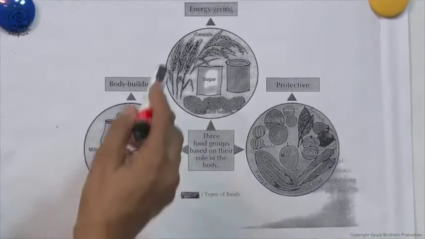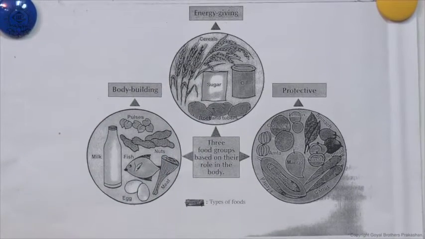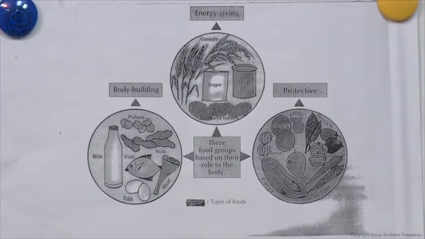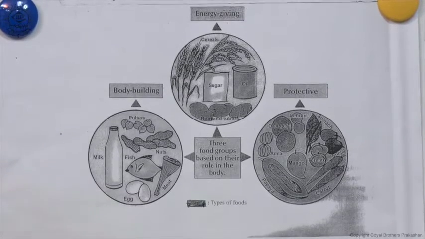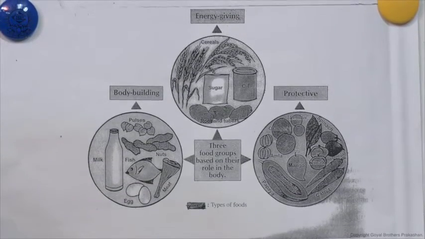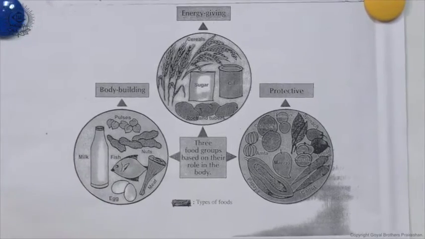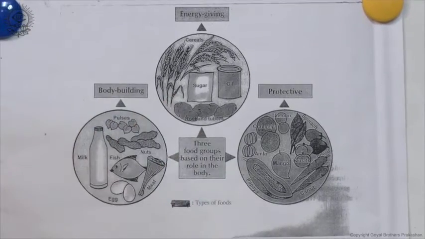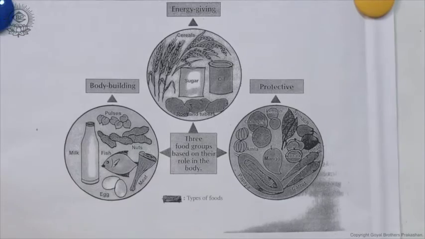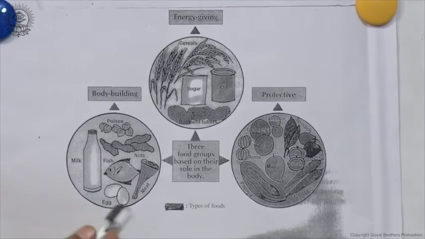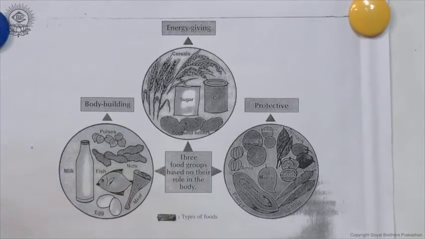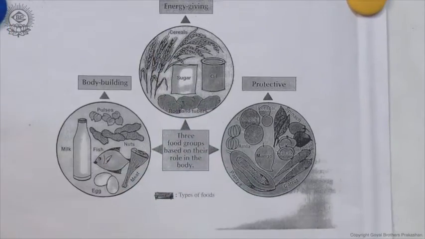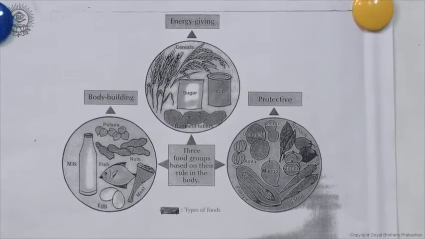You can see the picture, try to identify what type of food is included in this energy giving food. It includes both carbohydrates and fats: wheat, sugar, jaggery, potato, sweet potato, and even rice, maize, oil, butter, all these are included in this energy giving food.